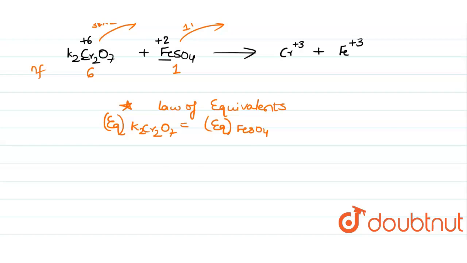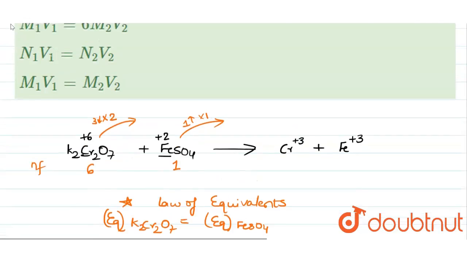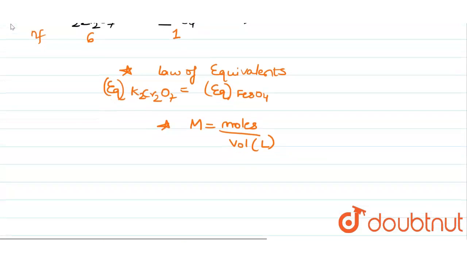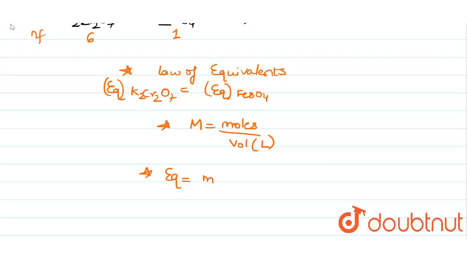After this, we need to know one more thing, that molarity is equal to moles upon volume, and this volume has to be in liters. After this, we need to know one more thing, that one equivalent is equal to moles into n factor.